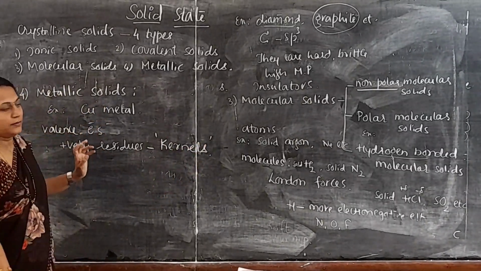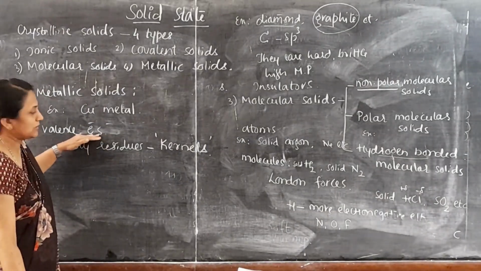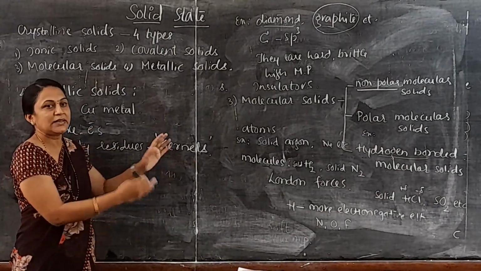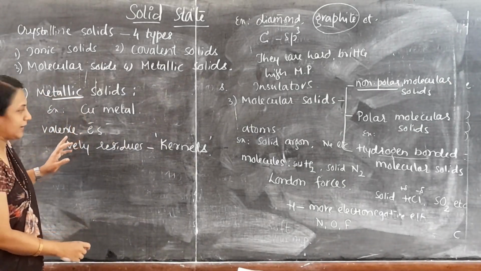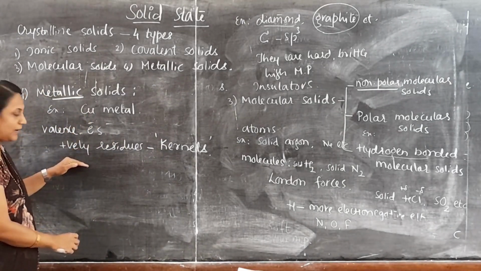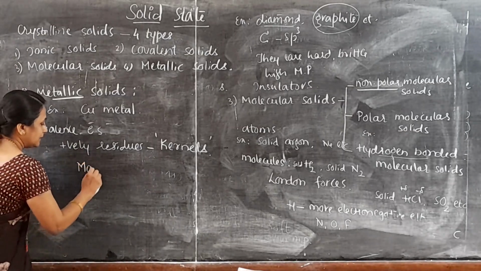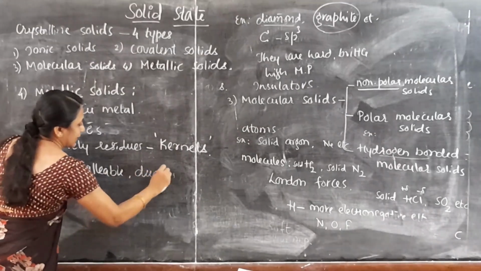There is a bond between the valence electrons and the kernels, and these are linked by metallic bond.